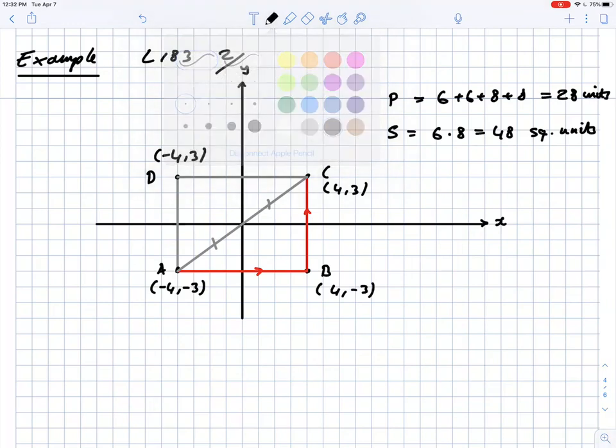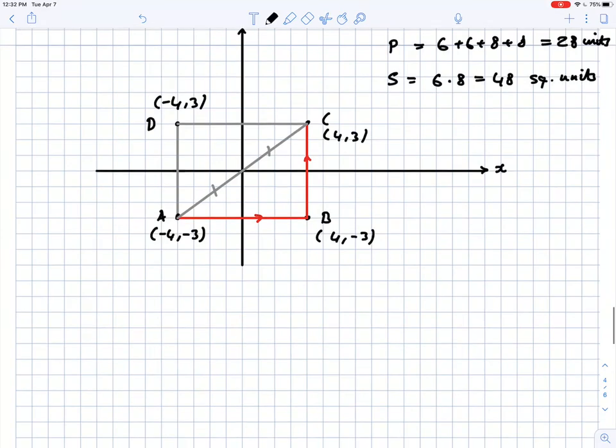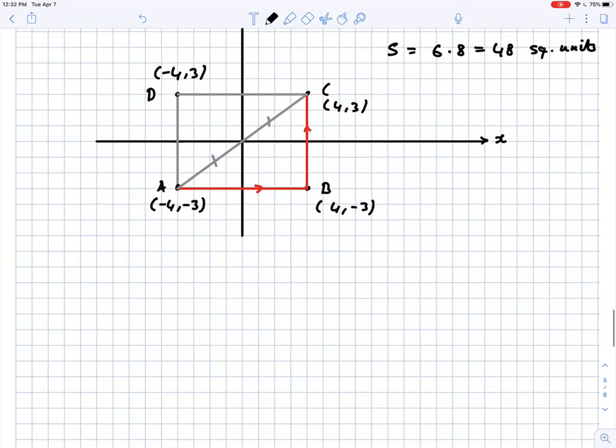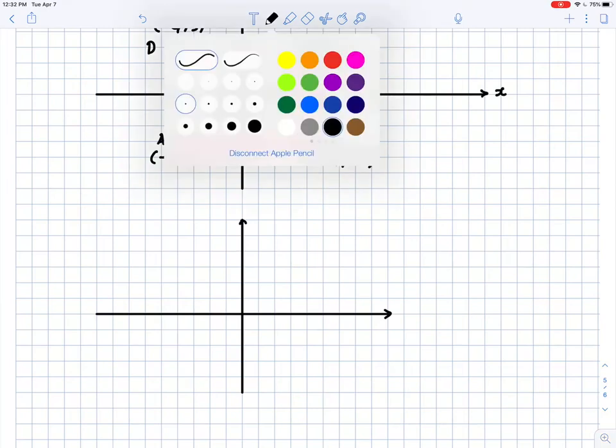Okay, so this is an important idea. So definition, or maybe just a picture. If I have any point, let's do exactly the same thing. Let's choose the position (3, 2) here.